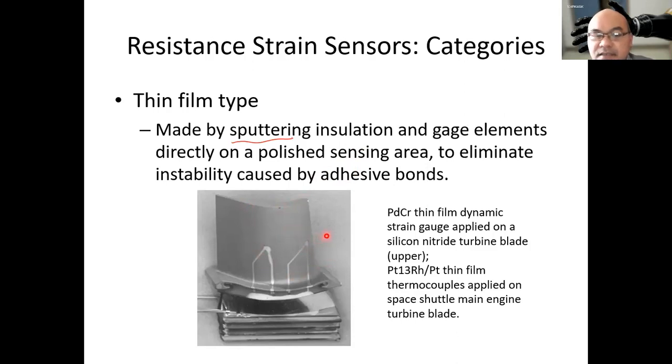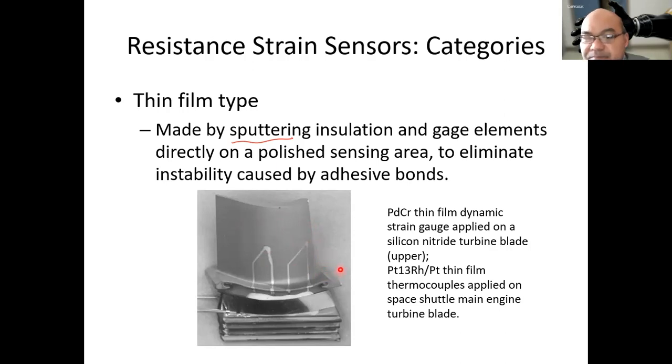This is an example of a strain gauge from palladium chromium alloy thin film, a metal alloy coated onto a silicon nitride turbine blade. In this case, the strain gauge can measure the strain exerted on the structure of the silicon nitride turbine blade.